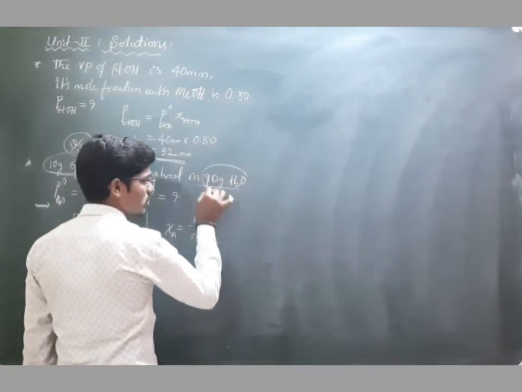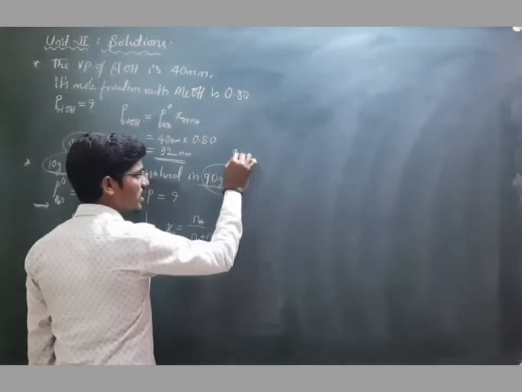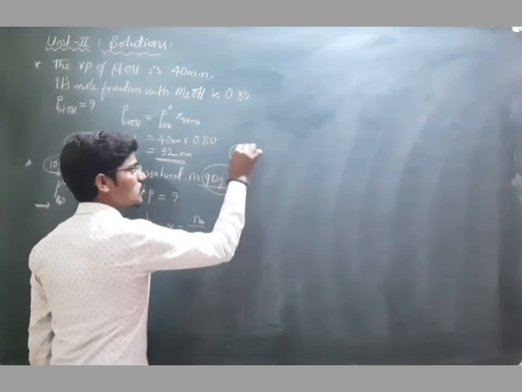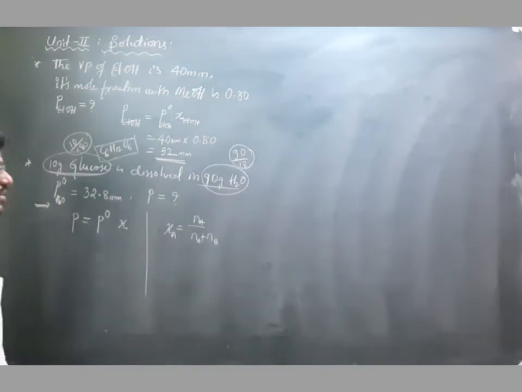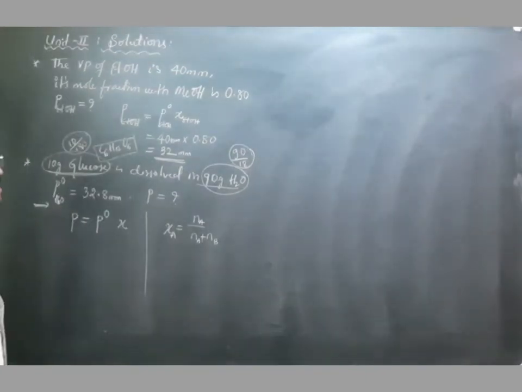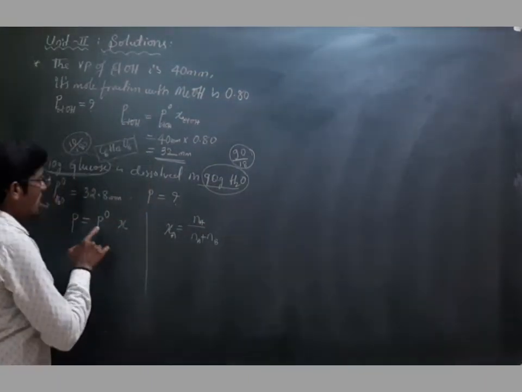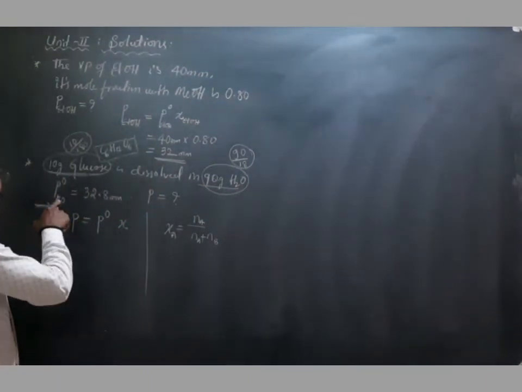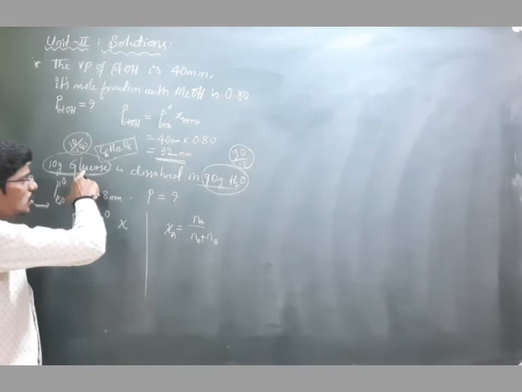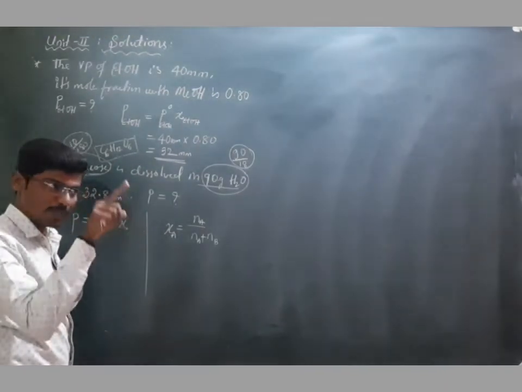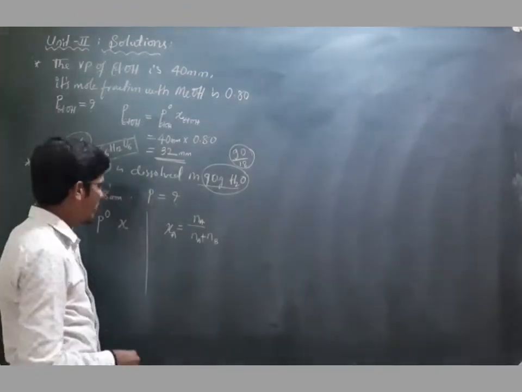Whereas for Na, the number of moles, given mass is 90, molar mass of water is 18. So these two are known. Indirectly it is given: 10 gram of glucose is solute and water is solvent. Here P naught is for water, and glucose is a non-volatile solute, so vapor pressure is due to solvent only.